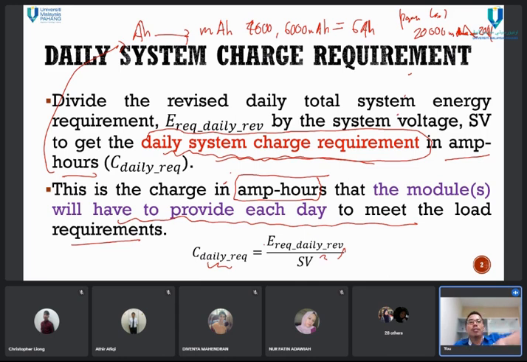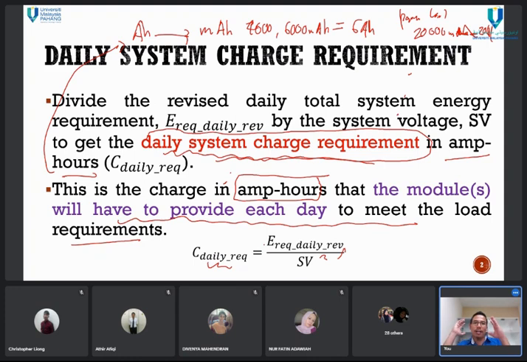Okay. So once you get there, divide with the system voltage, then we get the ampere hours for the system. That ampere hours will be based on our original energy demand, the AC and the DC loads. When we get the ampere hours, now it's clear.